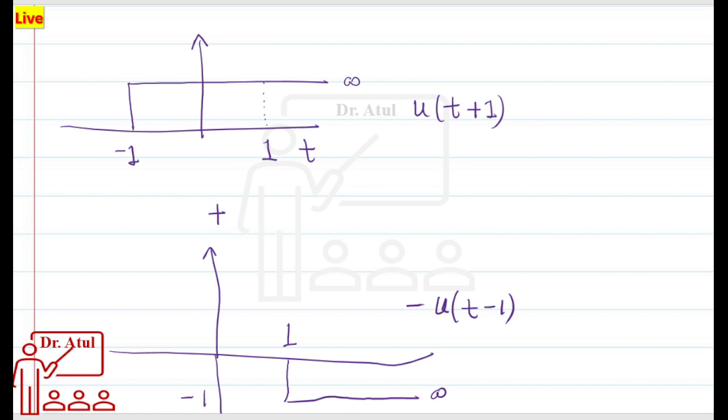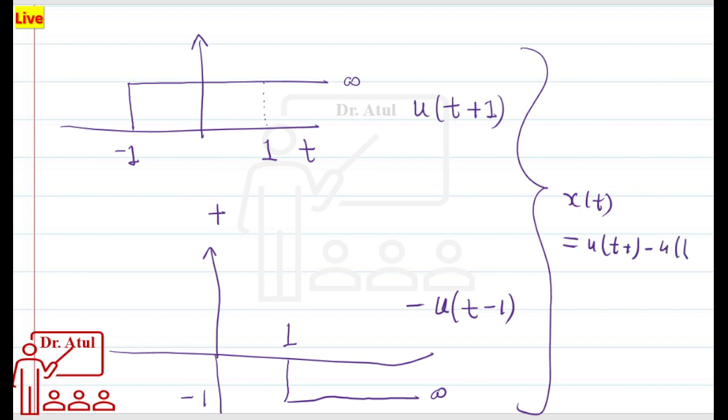Isn't it? So combined, what can we write? We have to add these two. If I add these two, overall x(t) is equal to u(t+1) minus u(t-1).